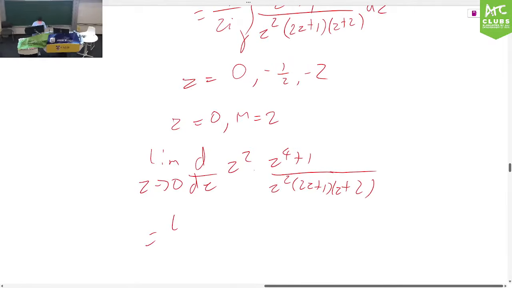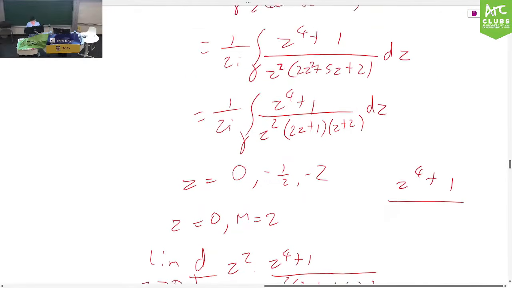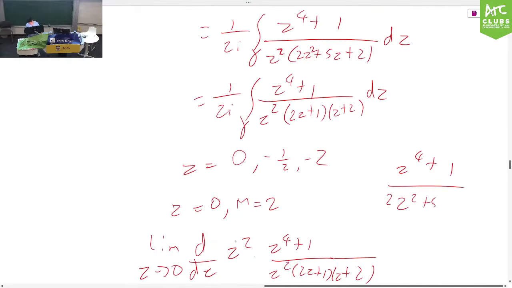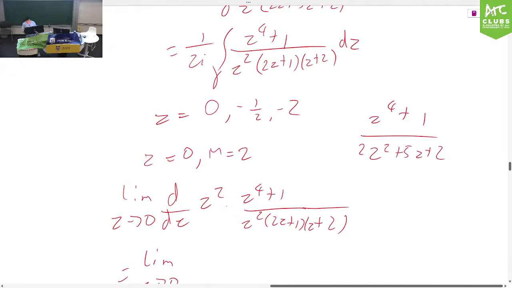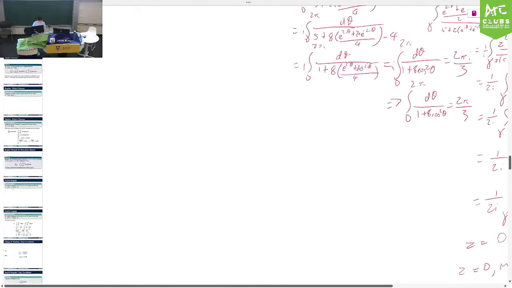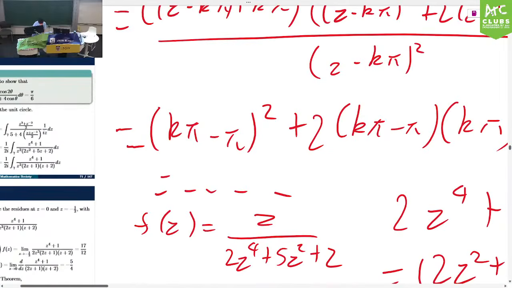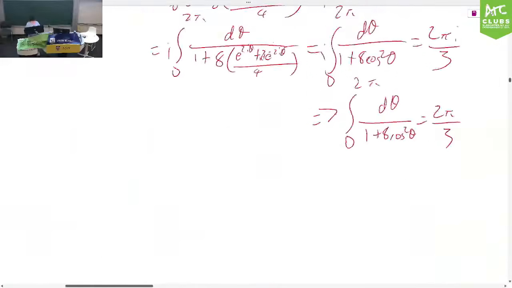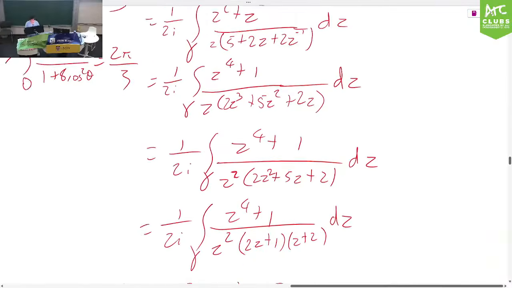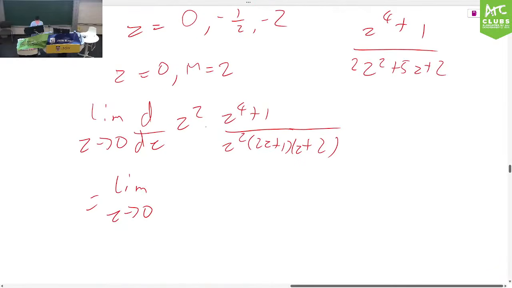So limit as z approaches 0 of, I'm doing the derivative right away, z to the 4 and 2z squared plus 5z plus 2. It might look bad, but let me make sure it's the right expression. Trust me, it's not that deep.